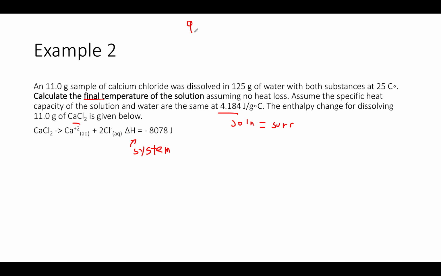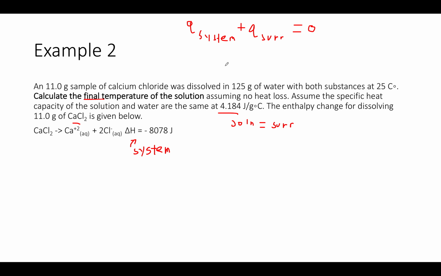The heat of the system plus the heat of the surroundings, using the law of energy conservation, has to equal 0.